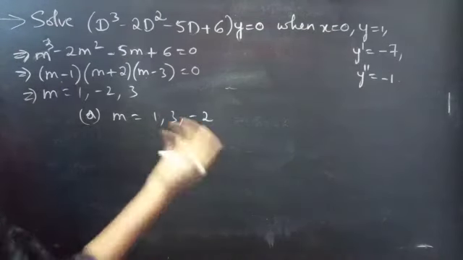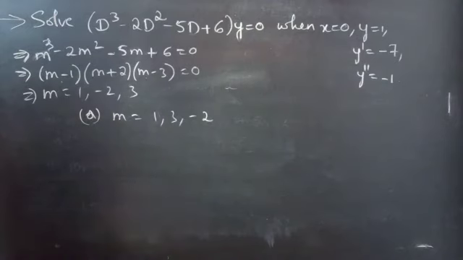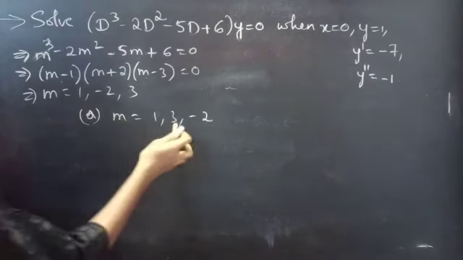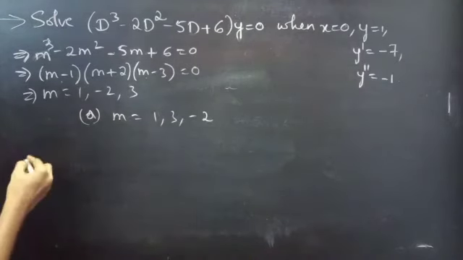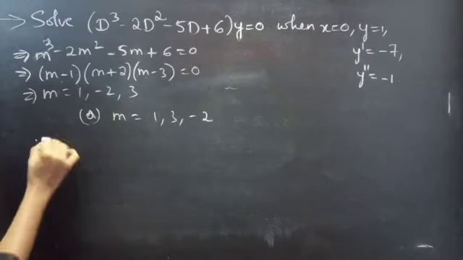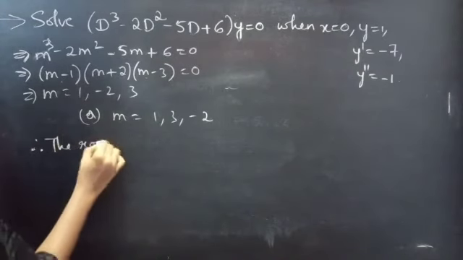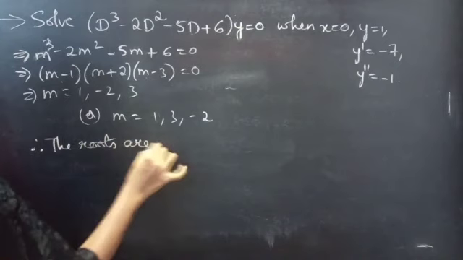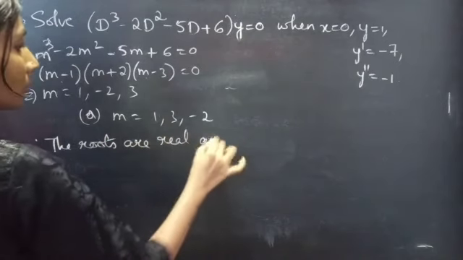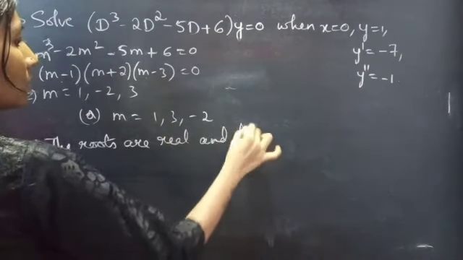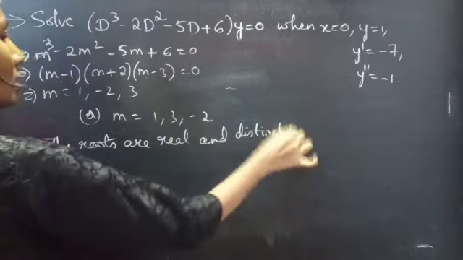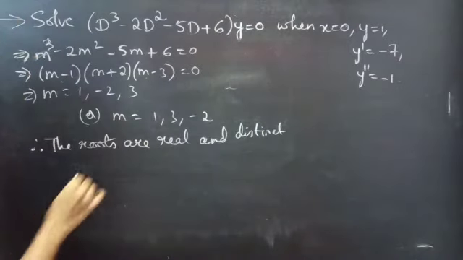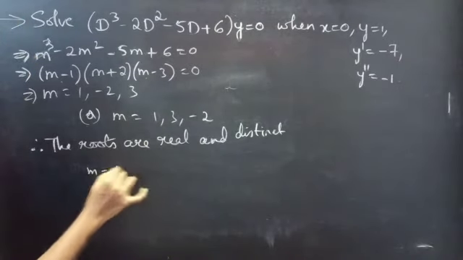We don't have any repeated root, right? And also these are real numbers. So we can say that the roots are real and distinct, right?